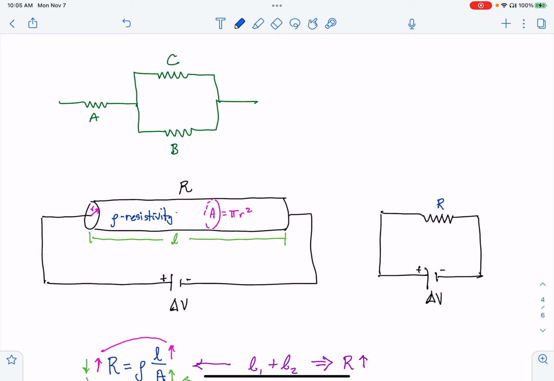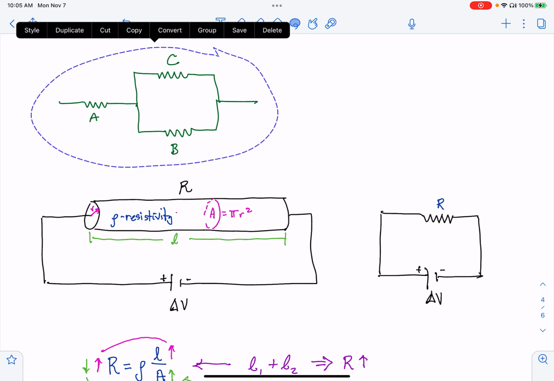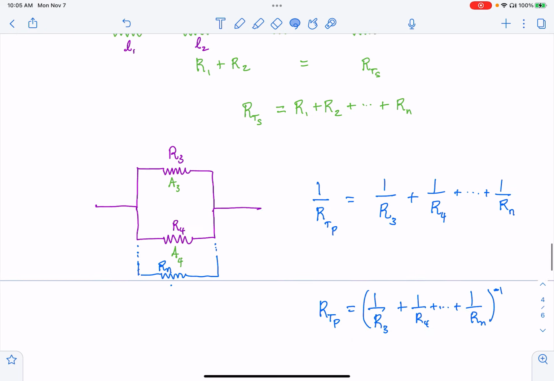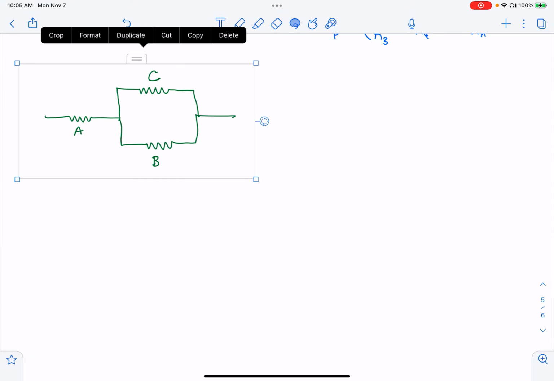So, what's the technique that we would use? That's kind of like the background. But what technique would we use for this resistor configuration? I'm just going to copy this, go down here and paste this.